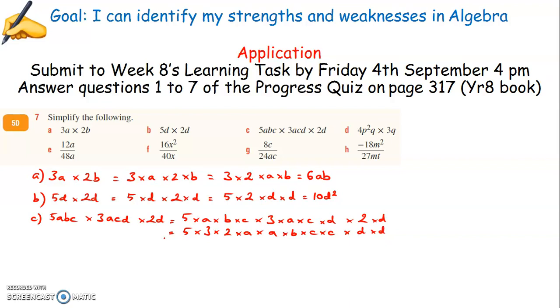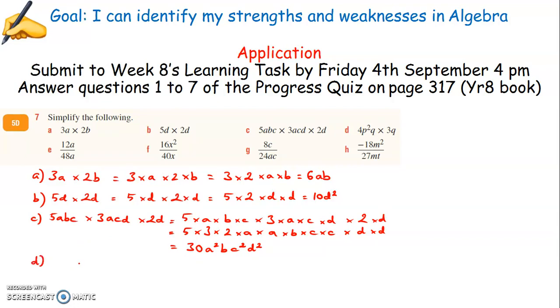Okay, so 5 times 3 is 15, and 15 times 2 is 30. We have a times a, so that's a squared, and then b by itself, and then c times c is c squared, and d times d is d squared. Okay, so our answer is 30a squared bc squared d squared.